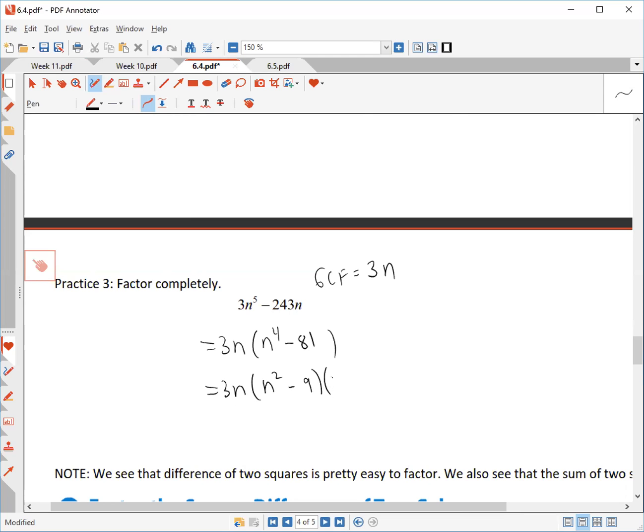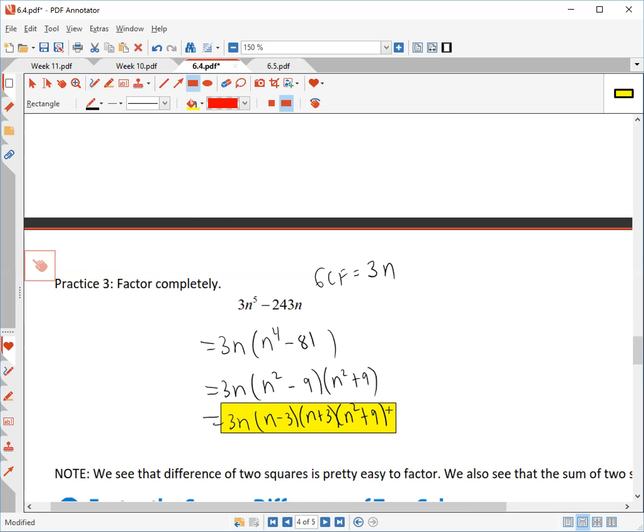So we subtract those pieces and we add them. So n squared minus 9 is n minus 3 and n plus 3, and n squared plus 9. Well, that's prime. Sum of 2 squares never factors. And so those are our factors of that.